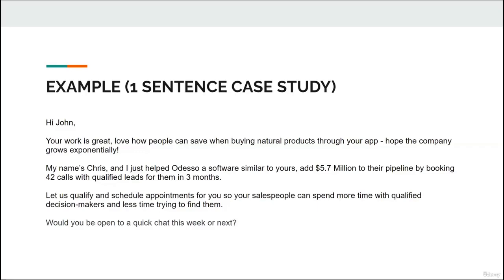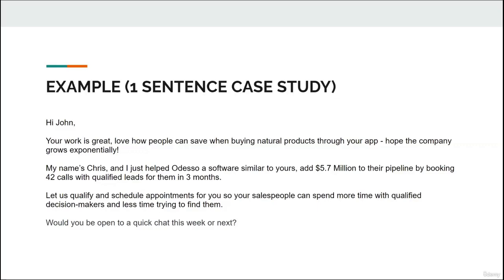There's the result. I start off with the result and then how I did it. So the result is I added $5.7 million to the pipeline, and how I did it? Well, I booked them 42 calls with qualified leads in 3 months. Now, it's usually important to also put a timeline because it shows the urgency. Right, if I did 42 calls in a year, that's not really that impressive, but within 3 months, that's pretty impressive.